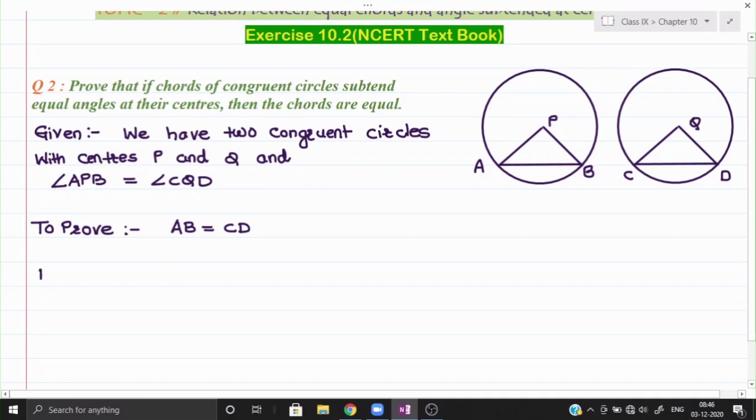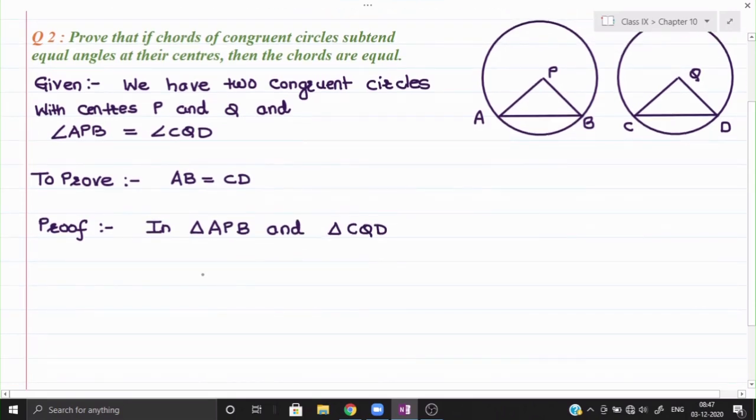Let us start the proof. In the proof, first of all, in triangle APB and triangle CQD. It is the same triangles I have taken in the previous question, only we shall apply a different congruency theorem. Now I will write AP is equal to CQ and BP is equal to DQ.